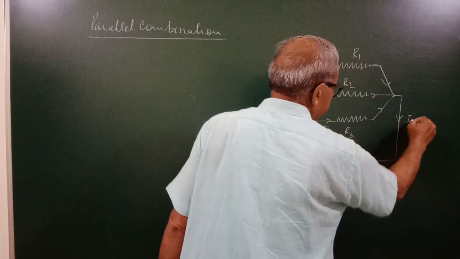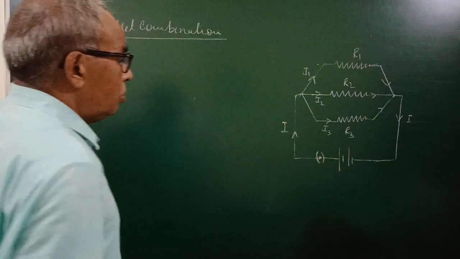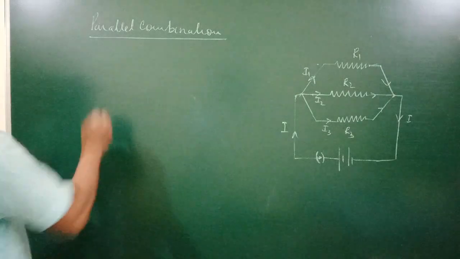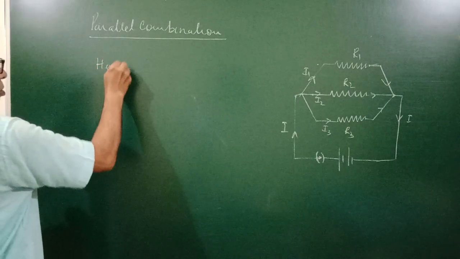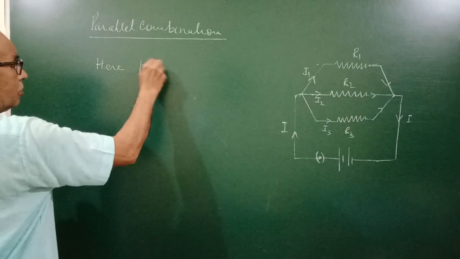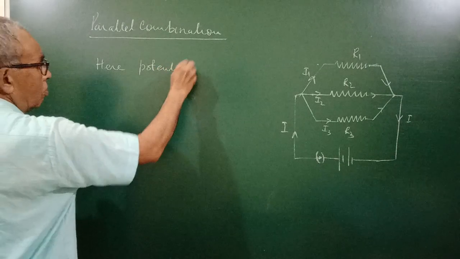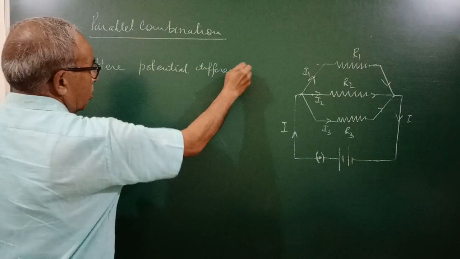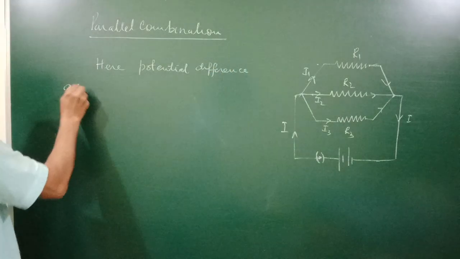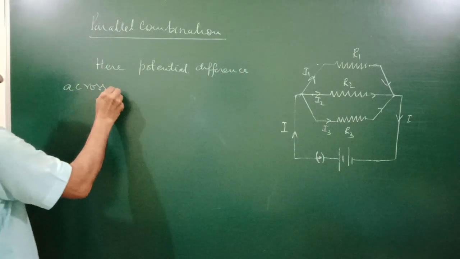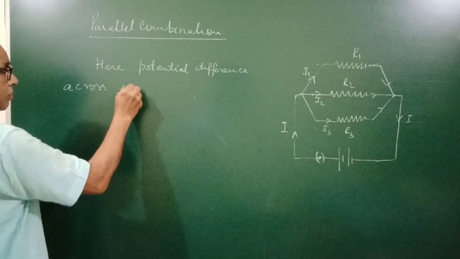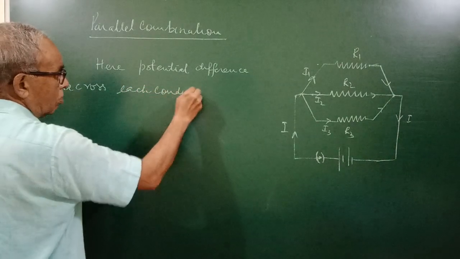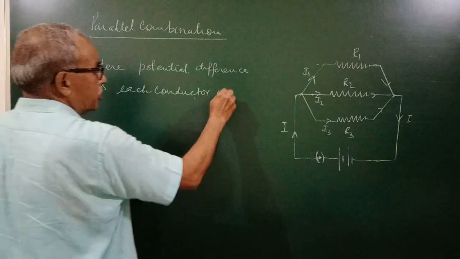Now it is I. So the figure shows parallel combination. Here the potential difference across each conductor is the same.